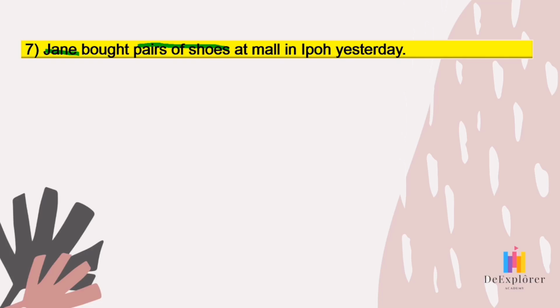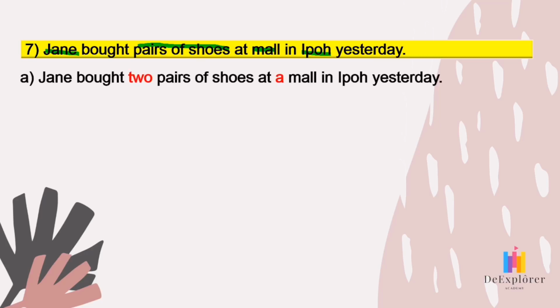Mall. Mall is a supermarket. Ipoh is a place. So these are all nouns. So when you write your answer, the answer is: Jane bought 2 pairs of shoes at a mall in Ipoh yesterday.